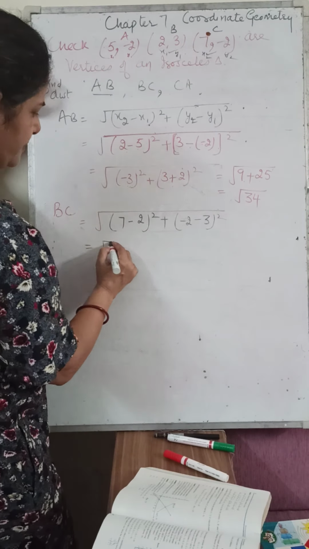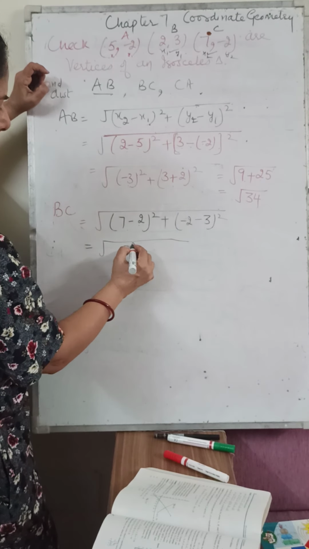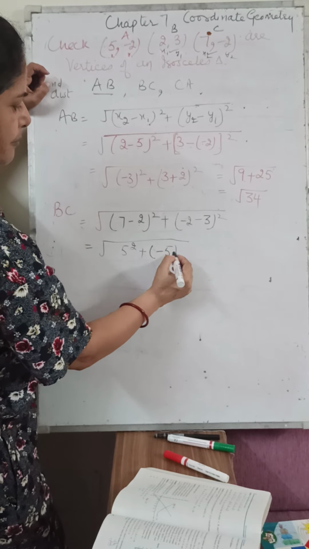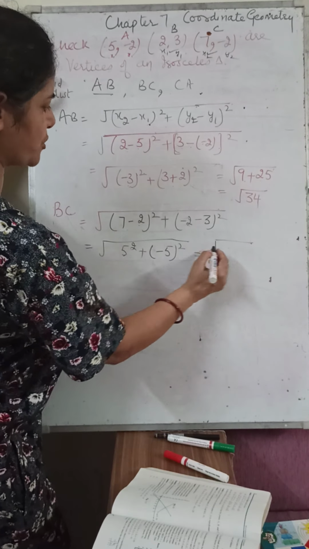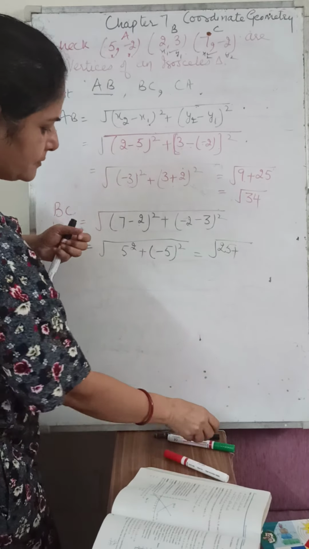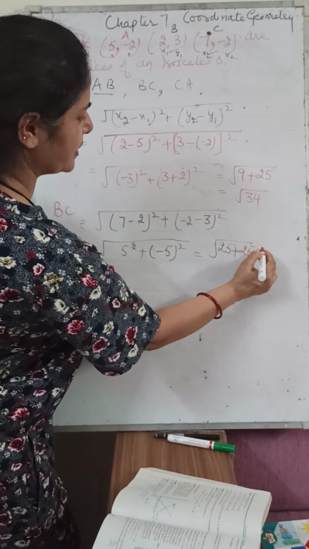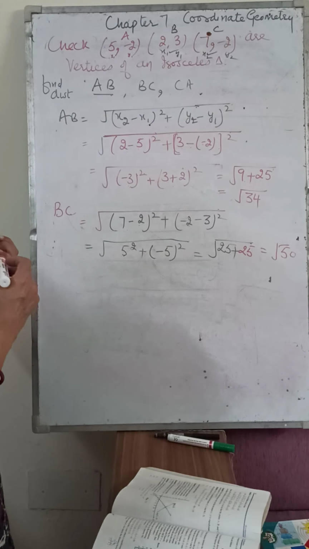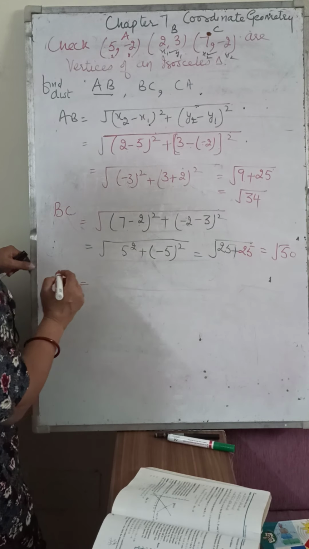It comes out to be 7 minus 2, 5 whole square, plus minus 2 minus 3, minus 5 whole square. 5 square 25 plus 5 square 25. It comes out to be root 50. Clear? Now let's find CA.